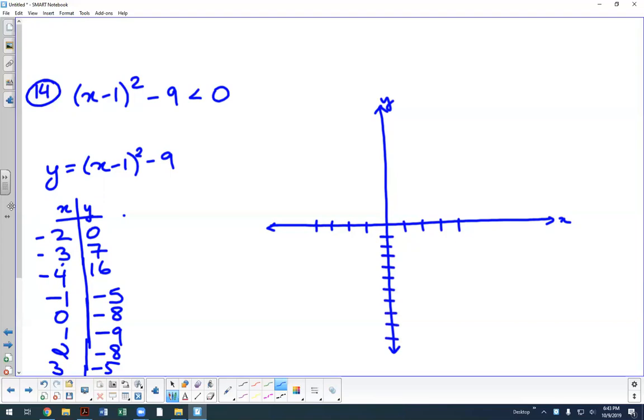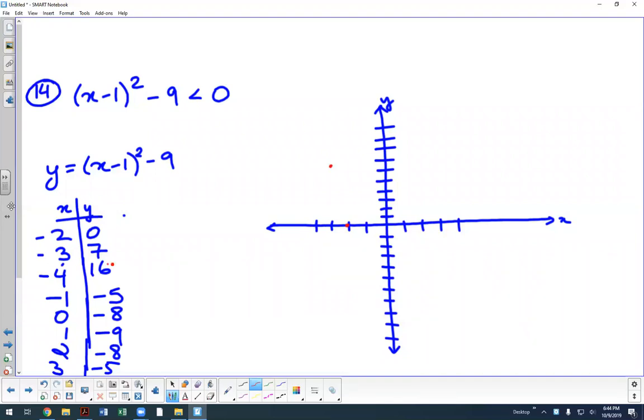I think my scale's a little off, but we should be able to work this out. So we've got -2, 0. -3 and 7. Somewhere about here.